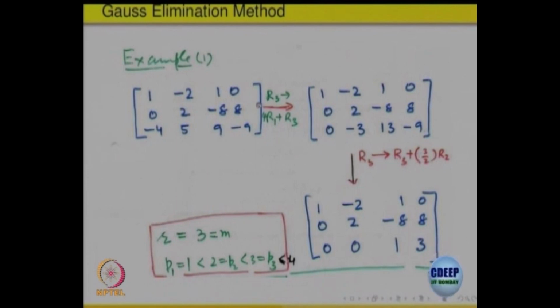So, what is suggested here is that row R3 changes to 4 times R1 plus the original R3. So, we are doing a row operation here. We are multiplying the first row by 4 and adding it to R3. So, R3 will change. That is indicated as: change R3 to 4 times R1 plus R3. Why is that done? Because if I multiply this by 4 and add here, this will become 0.